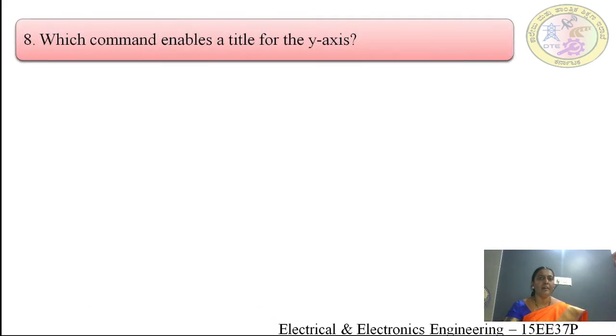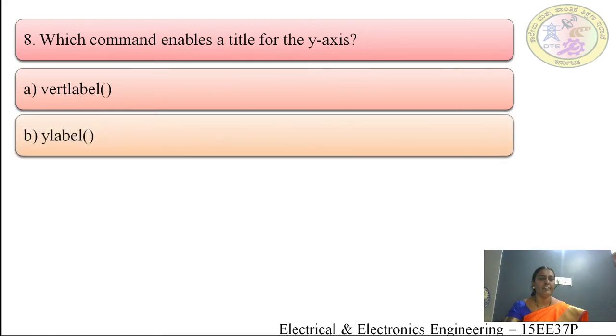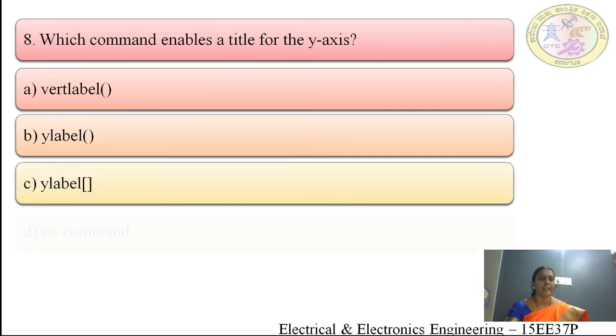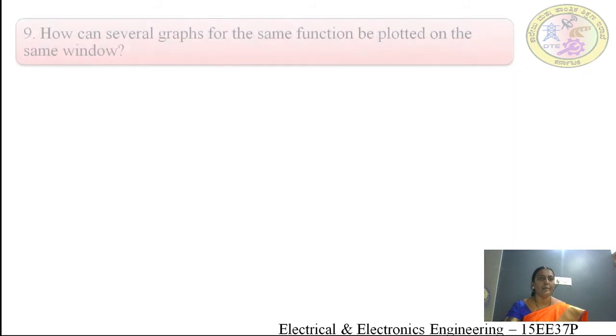Then the next question is, which command enables a title for the y-axis? Y label within the square small bracket, y label within the small bracket, y label within the square bracket, no command. The answer for this is y label in the small bracket, that you have observed in the program.